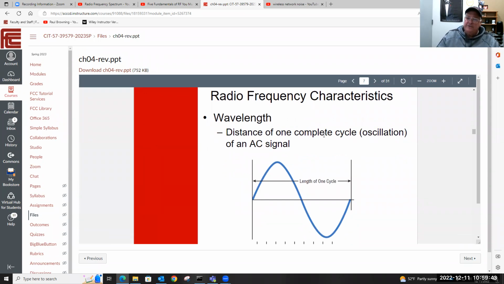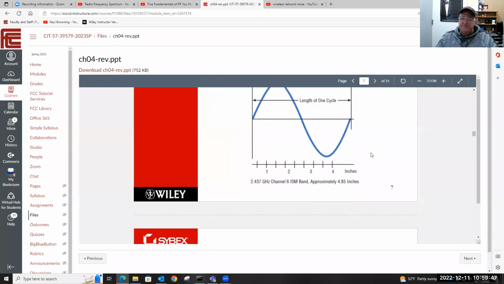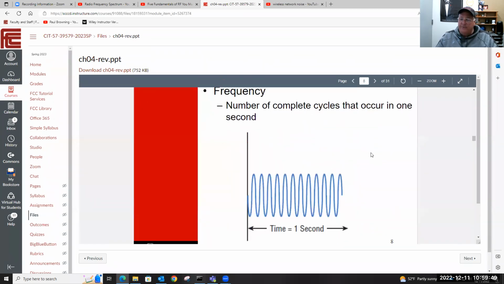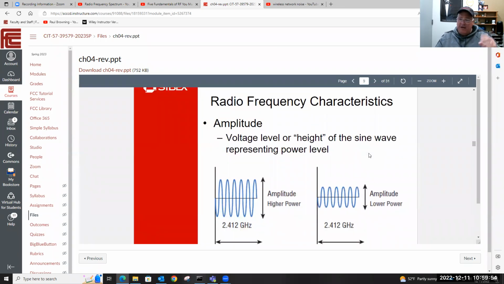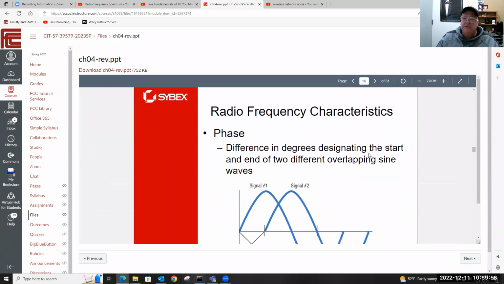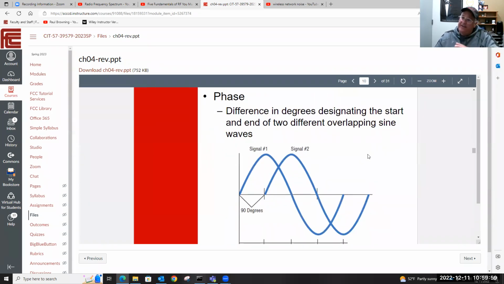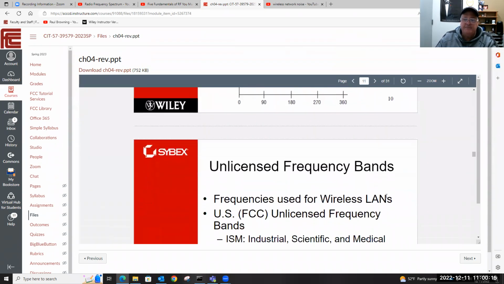Now we get into characteristics of the wave: the wavelength, how long the wave is; the frequency of that wave; the amplitude, the height of that wave; and phase shift. It's like "Row, row, row your boat" and the next person starts singing it later. It's a similar song with a phase shift, shifted from itself by whatever angle in degrees they're using.